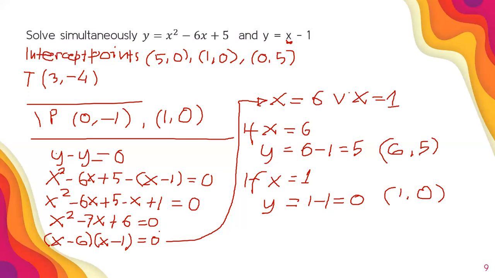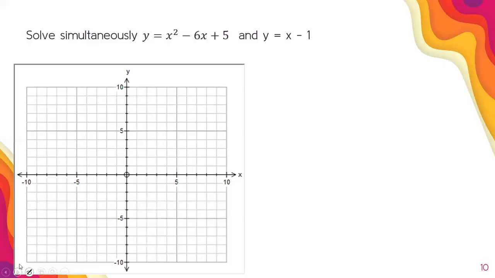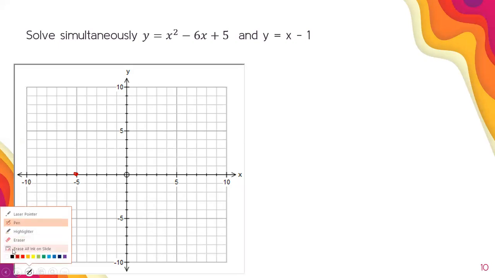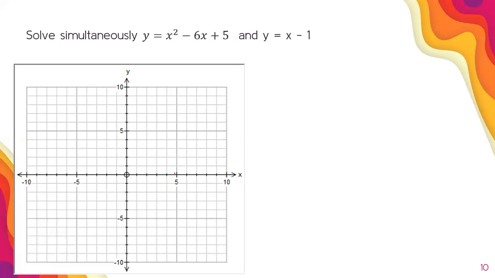And afterwards we're going to draw. Remember this: (5, 0), (1, 0). Yeah, (5, 0) here. Sorry, this one negative 5. (5, 0) here.